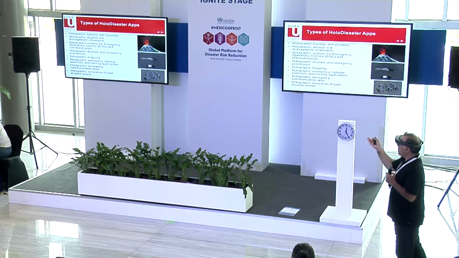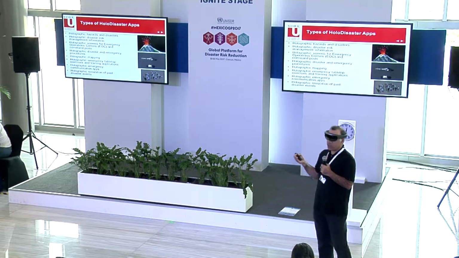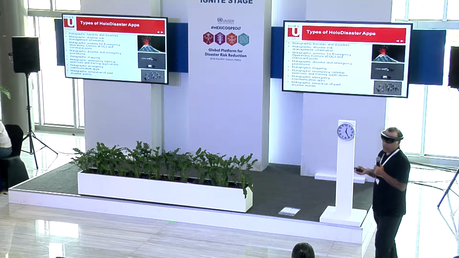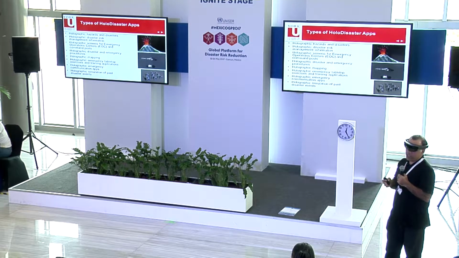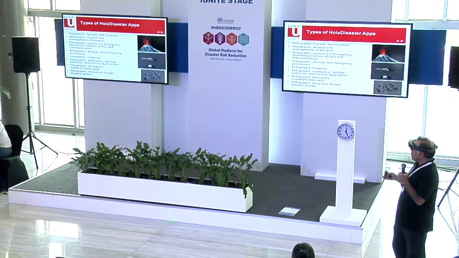Or you can use this for experimenting different types of disaster risk mitigation and their impacts in the environment. That's what we are using it, for example, in public safety and security right now.